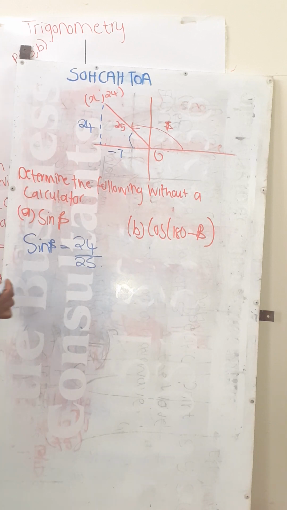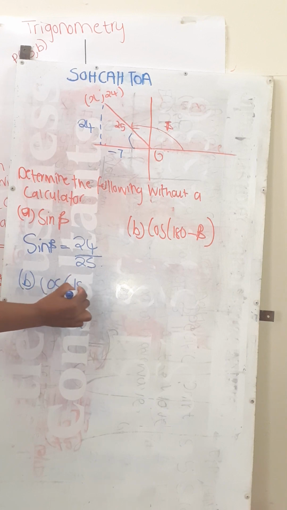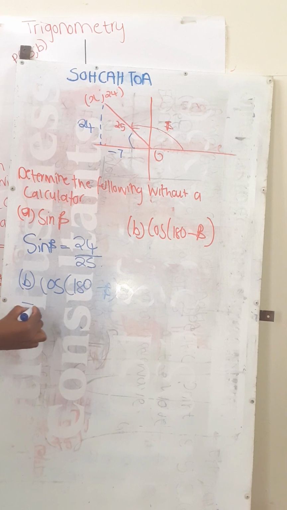And then for B, we first have to see if cos is negative in this quadrant, where it's 180 minus theta, so cos is going to be negative. That is equal to negative cos beta. So you have to check what is cos.